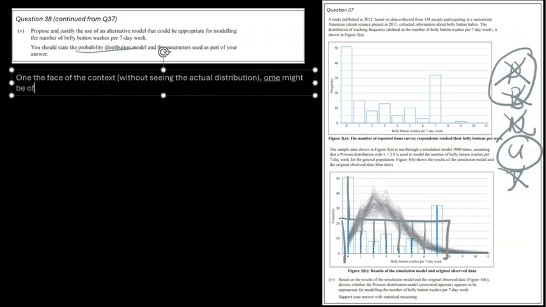I suppose we should start talking about how we got there. So on the face of the context, without seeing the actual distribution, one might be of the view that the belly button washing routines are random and could all be equally likely to occur.